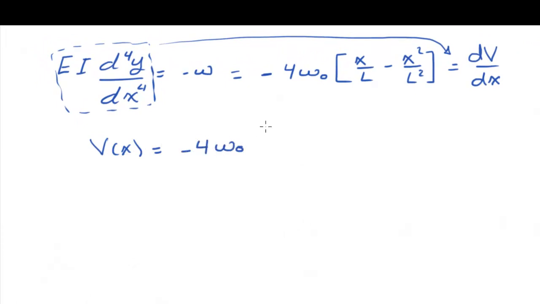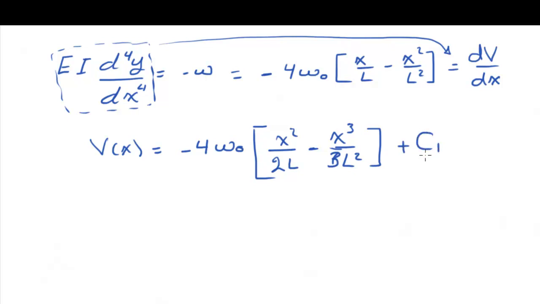We've done this before, right? We had x squared over 2L minus x cubed over 3L squared. Now we have a constant of integration C1, and if I integrate this, I will get the moment equation.